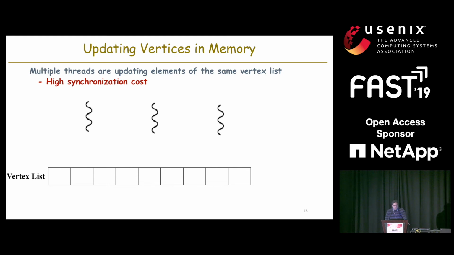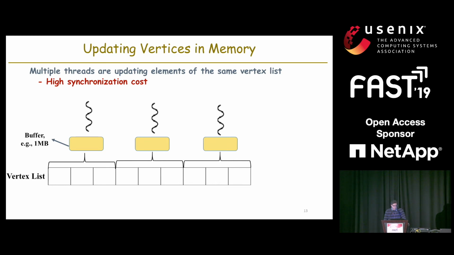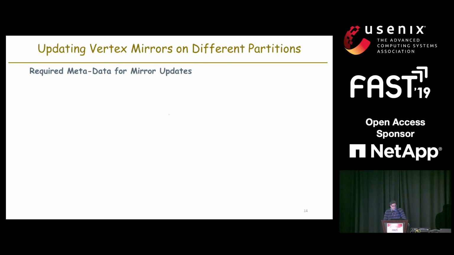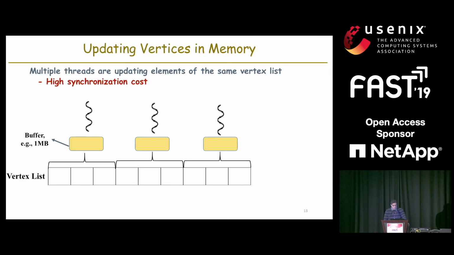Instead of doing that, we apply the updates in two steps. First, each thread pushes the updates to larger buffers, each dedicated to a portion of the vertex list, and later on, some writer threads pull the updates from these buffers and write them to the vertex list.